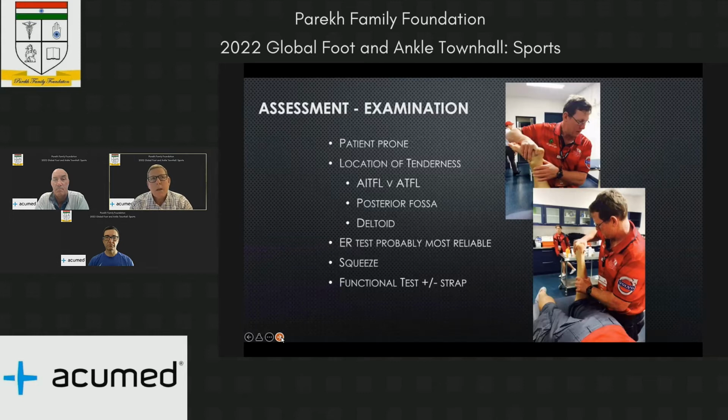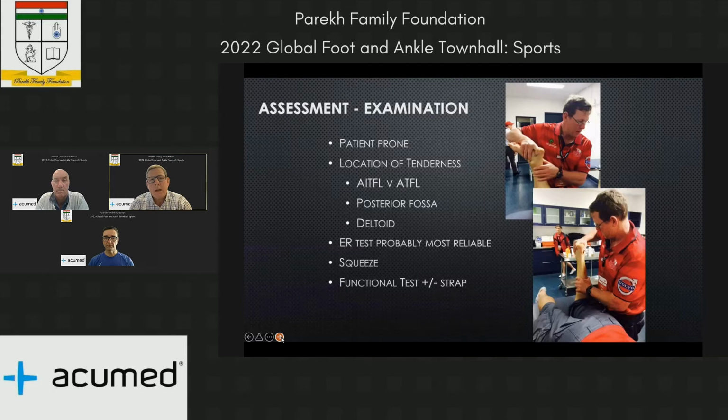If the deltoid is involved, that's often a bit of a red flag. In my hands, a prone external rotation test is probably more reliable. If I can reproduce their pain, particularly posteriorly, with that, then I'm a little bit concerned about what's going on in the posterior elements.